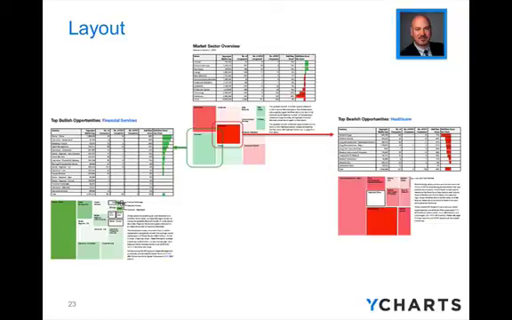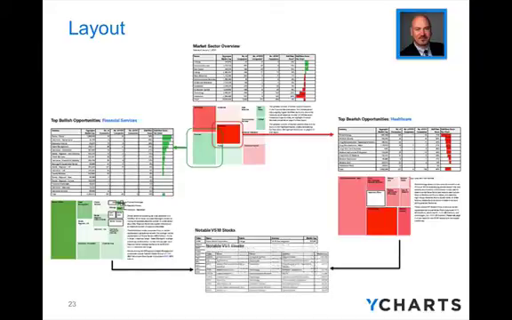Indeed, we have the top bearish opportunities set up in exactly the same way as the rest of the report. Now, on the last page, we show a few notable VS10 stocks and a few notable VS1 stocks. This is just a list of stocks that you may have heard of or may be in your portfolio that may be over or undervalued according to our score.